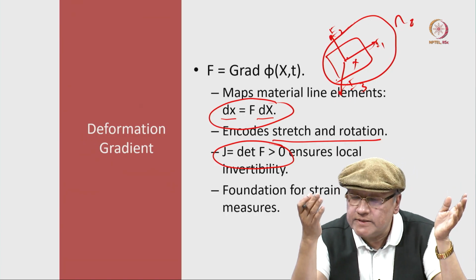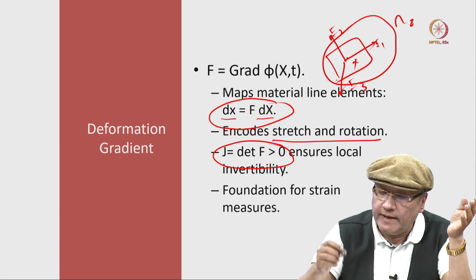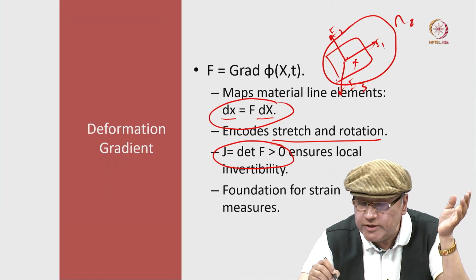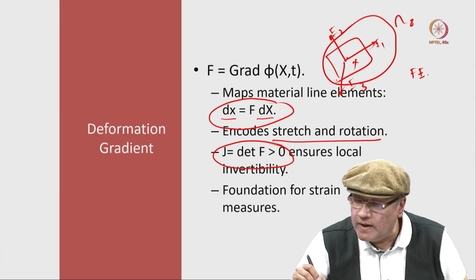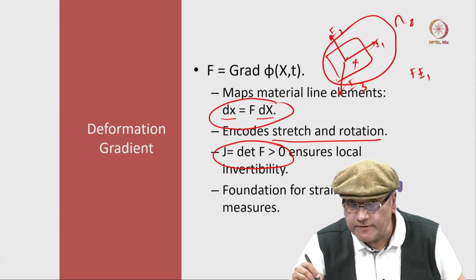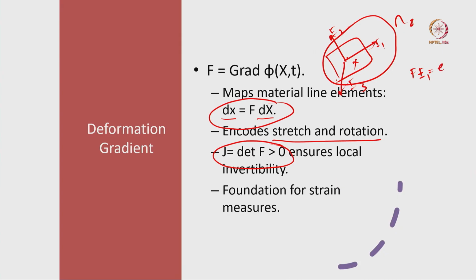Now F will act on each one of these 3 vectors. So F E1 will become small e1 in the deformed configuration. Similarly, F E2 will become small e2 in the deformed configuration, and so on. F E3 will become small e3.